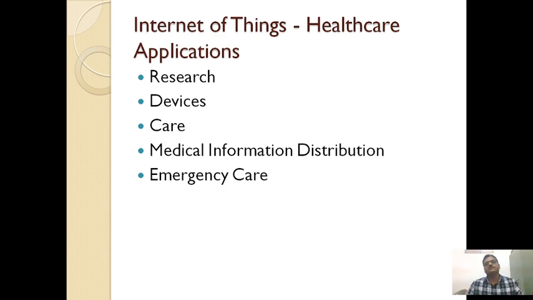So, first of all, healthcare system research. Much of current medical research relies on resources lacking critical real world information. It uses controlled environments, volunteers and essentially leftovers for a medical examination.